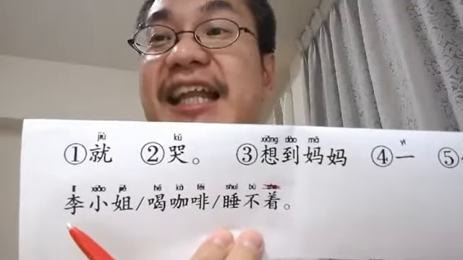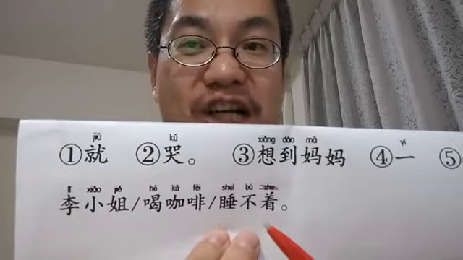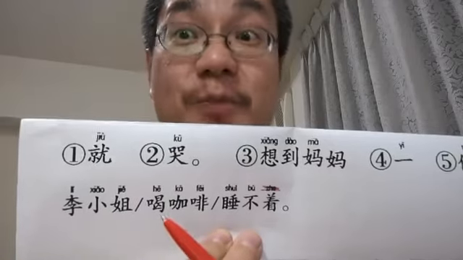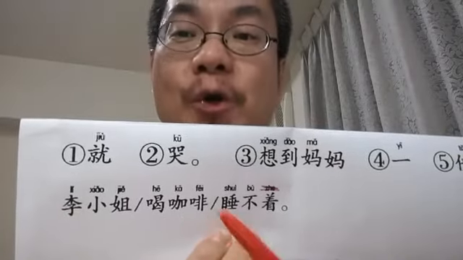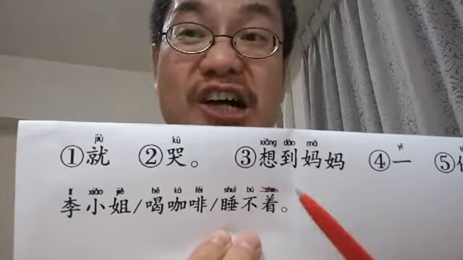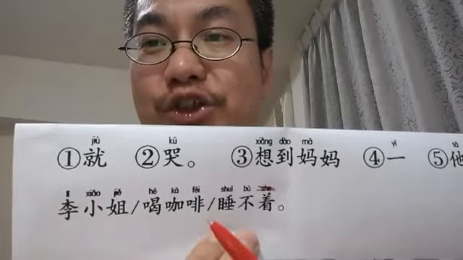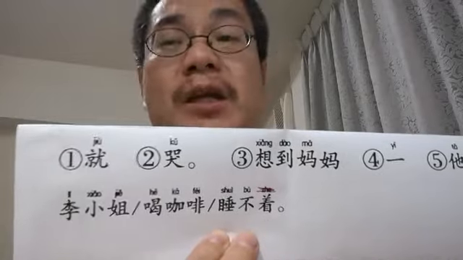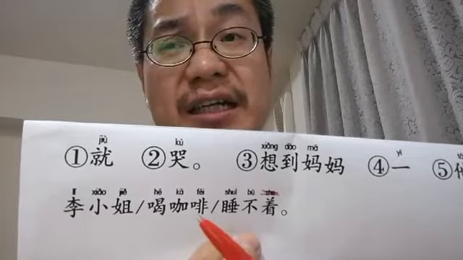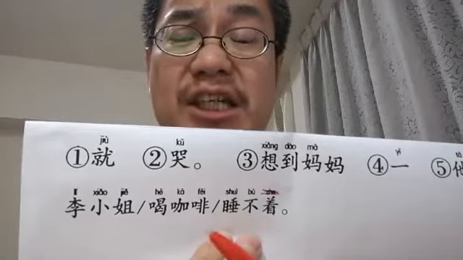The answer is 李小姐一喝咖啡就睡不着. 李小姐 is the subject, 一 plus verb 1 喝咖啡, 就 plus verb 2 睡不着. As soon as Miss Lee drinks coffee, then she can't sleep. 不着 means can't. She can't sleep.